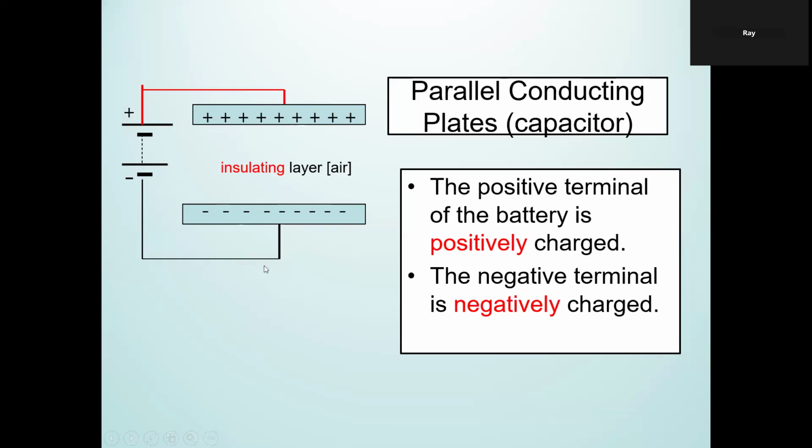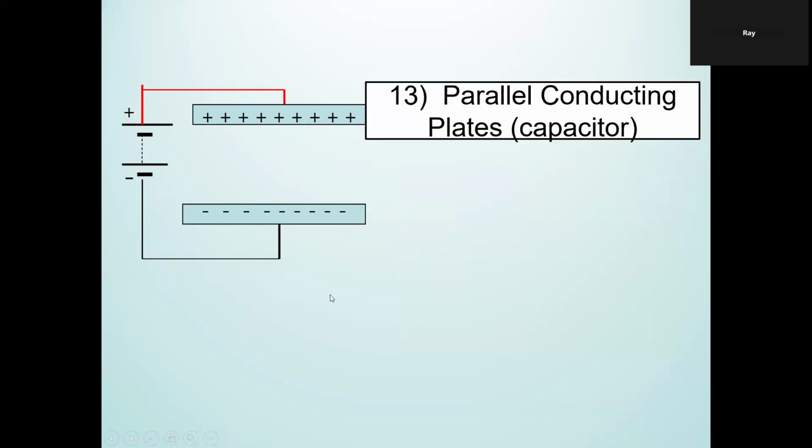Another electron comes here, repels an electron, the electron will flow back. Finally the potential difference between these two plates is the same as the battery. Right? All these positive charges evenly spaced, negative charges evenly spaced.